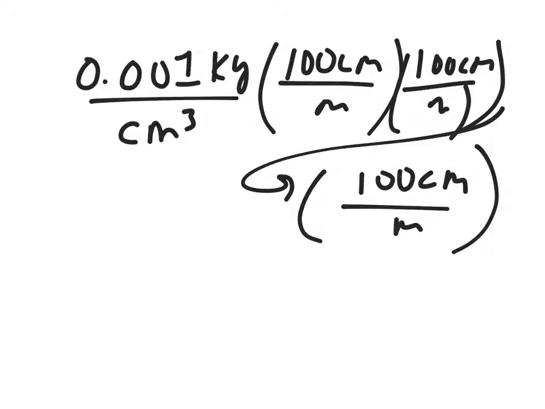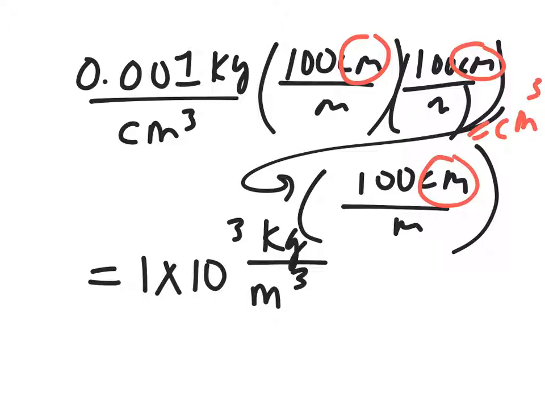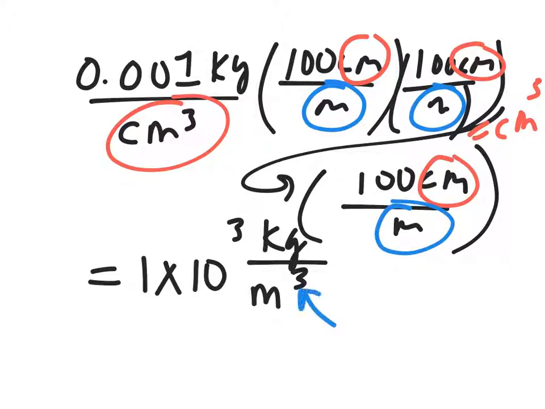If I do that math, I get 1 times 10 to the 3rd kilograms per meter cubed, because here I've got centimeters, centimeters, centimeters. That's the equivalent of centimeters cubed in the numerator, which cancels out with this centimeters cubed. And then I've got a meter times a meter times a meter, which gives me meters cubed. So I had to do that particular calculation 3 times in order to get those units to work out correctly.